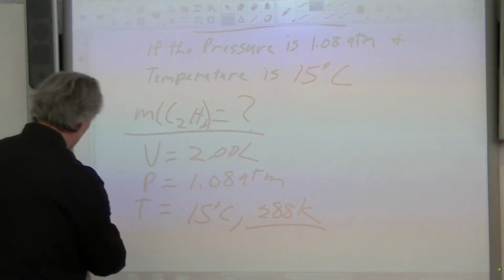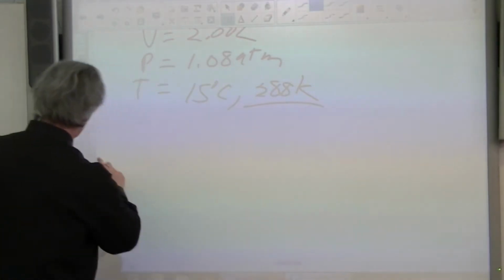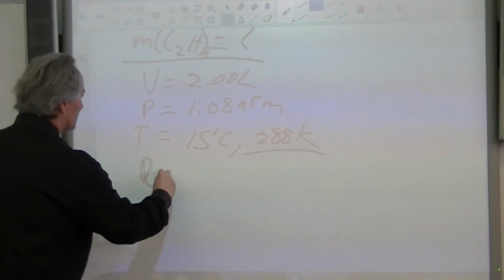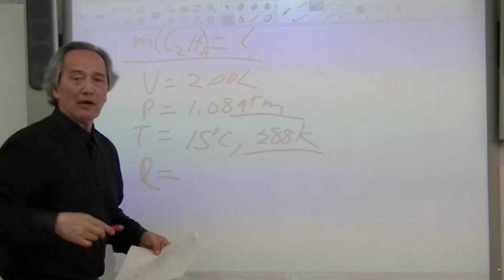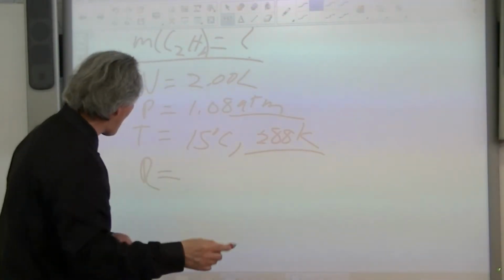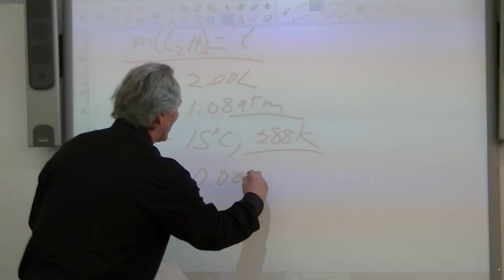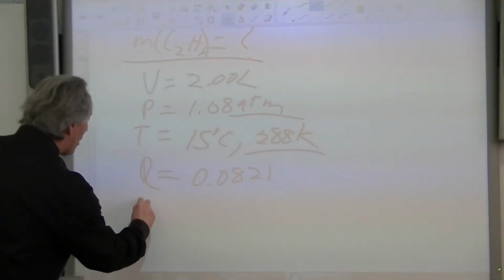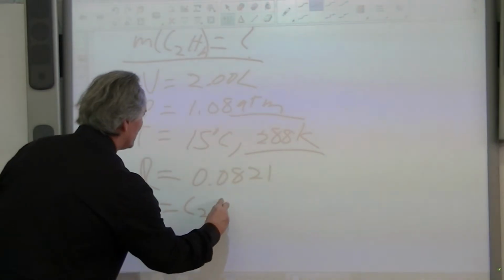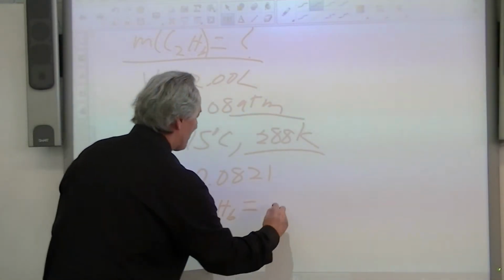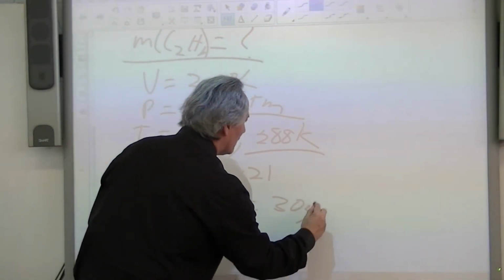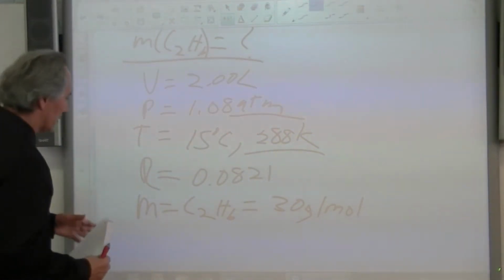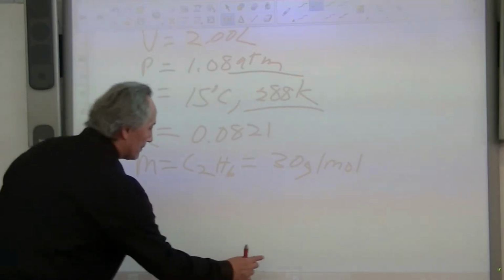Here's the temperature we'll be working with. And our R factor, in terms of the gas constant: we've got pressure expressed in atm, so R must be 0.0821. And let's get the molar mass of C2H6, which happens to be 30 grams per mole for the ethane. Okay, we are good to go at this point.